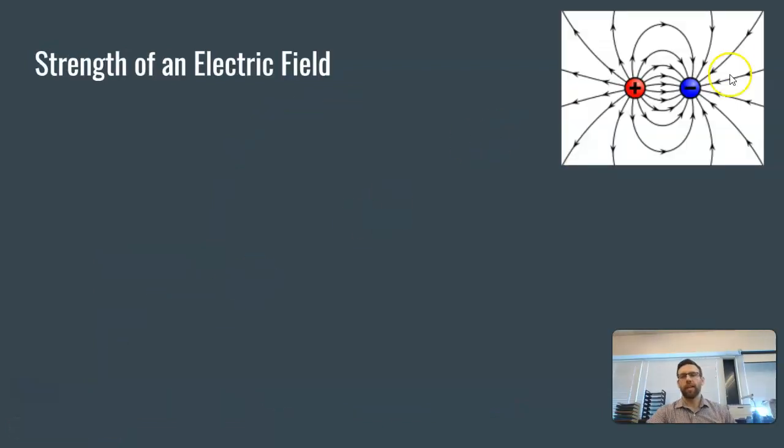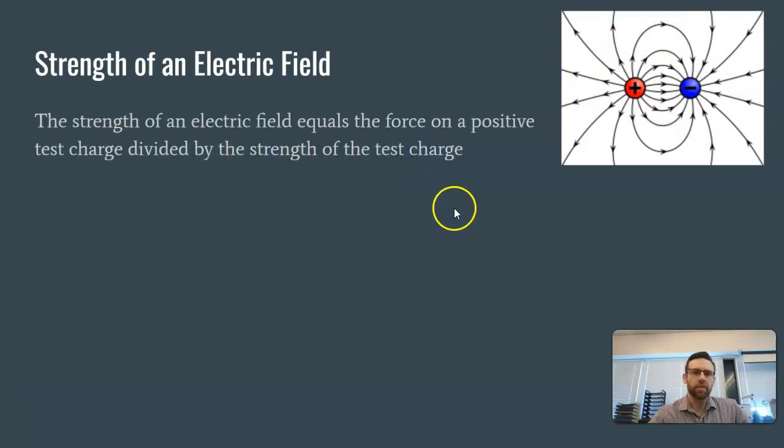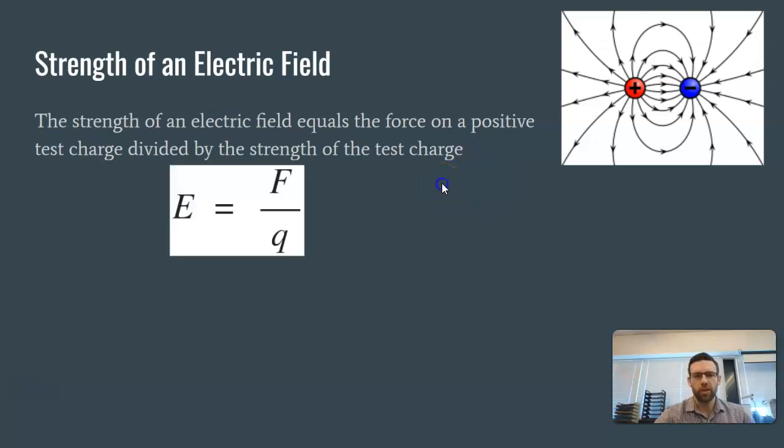All right, and again, this is actually what I was trying to draw. Maybe my picture wasn't as nice as this, but the strength of an electric field can be calculated by taking the force on the positive test charge and dividing it by the strength of the charge. That sounds kind of funny, so let me just show you the equation.